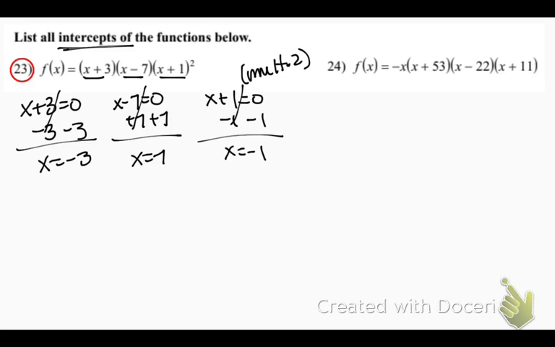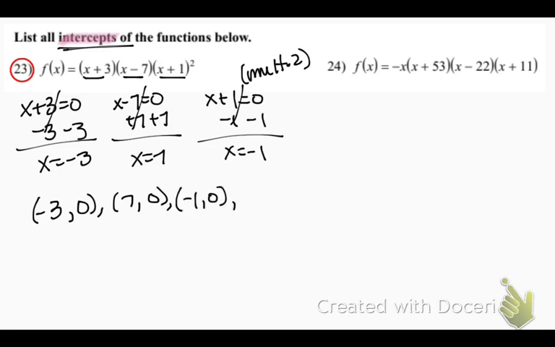Now, that is not your final answer. I'm asking you for the intercepts. What you've just given me is the roots, the zeros, the solutions. So type in what this would be in intercept notation. Okay, remember, the intercepts are number, comma, 0. Number, comma, 0.